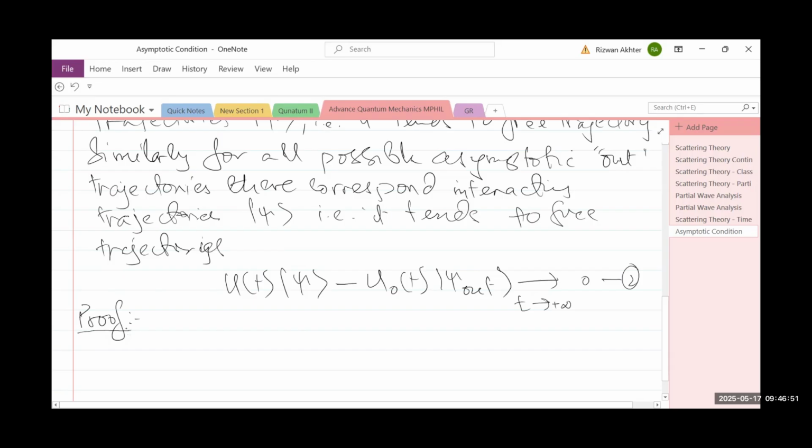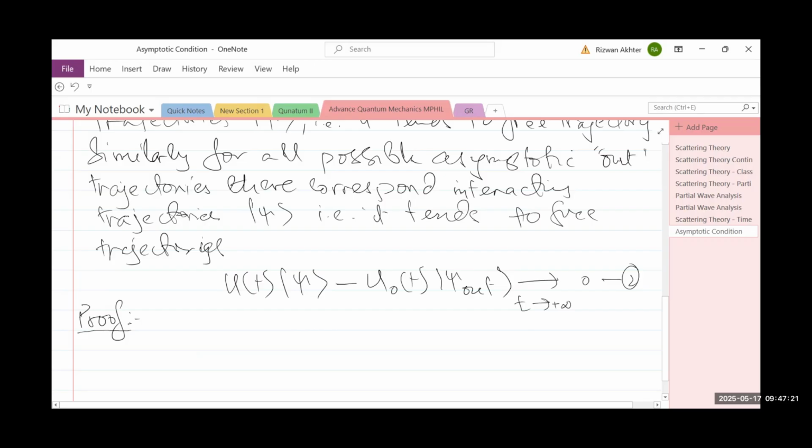So let's say we assume some unitary operator U of t. Unitary का मतलब है it is invariant under transformation. So let us assume U of t is some unitary operator. That is, we assume that U of t exists as a mathematical object. And so if U of t exists as a mathematical object, then U dagger of t, that is its complex conjugate, would also exist.